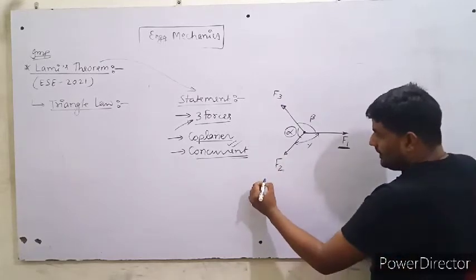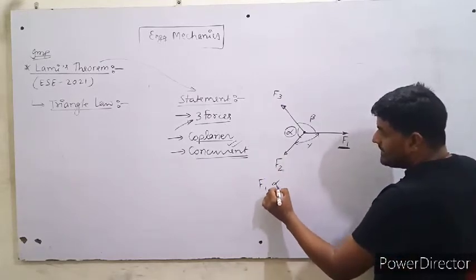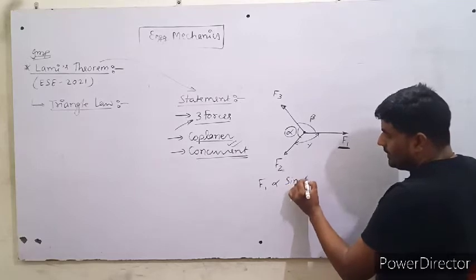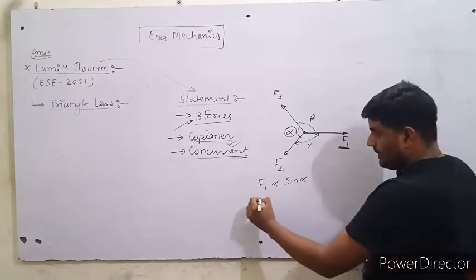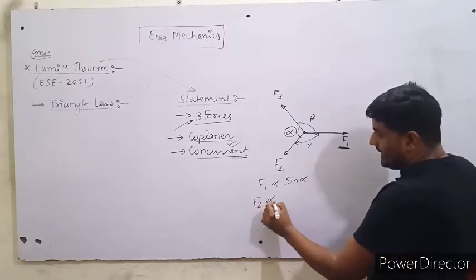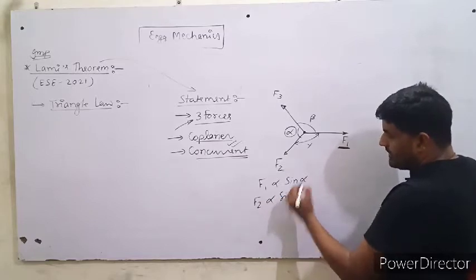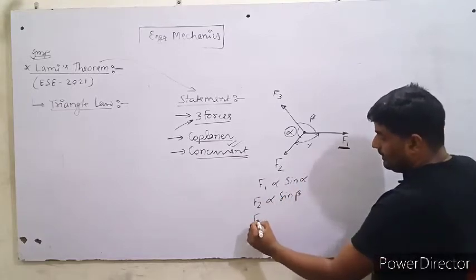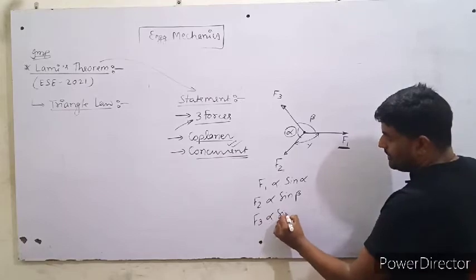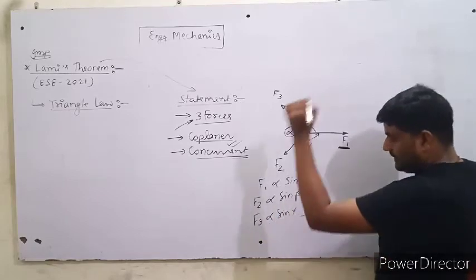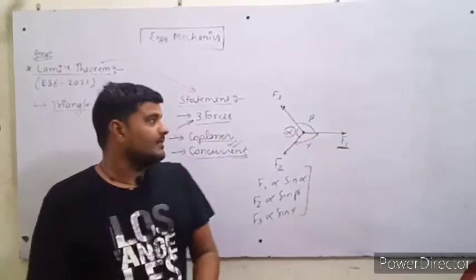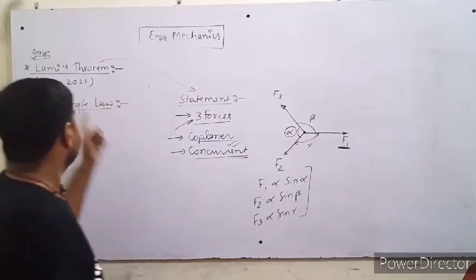That is, we can say that F1 is directly proportional to the sine of alpha, F2 is directly proportional to the sine of beta, and F3 is directly proportional to the sine of gamma. So students, this is the basic statement of Lami's theorem.